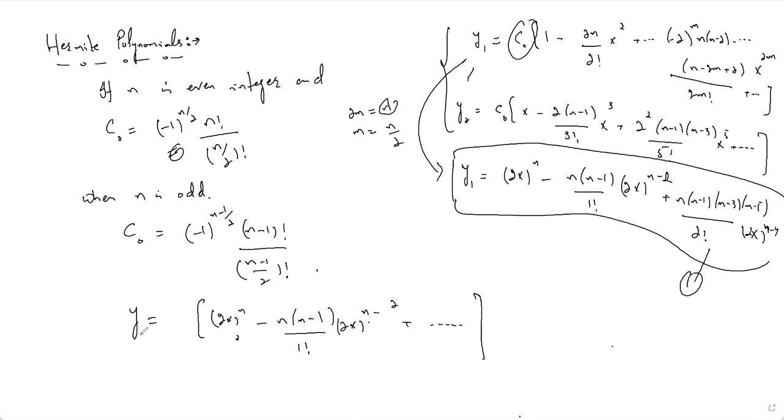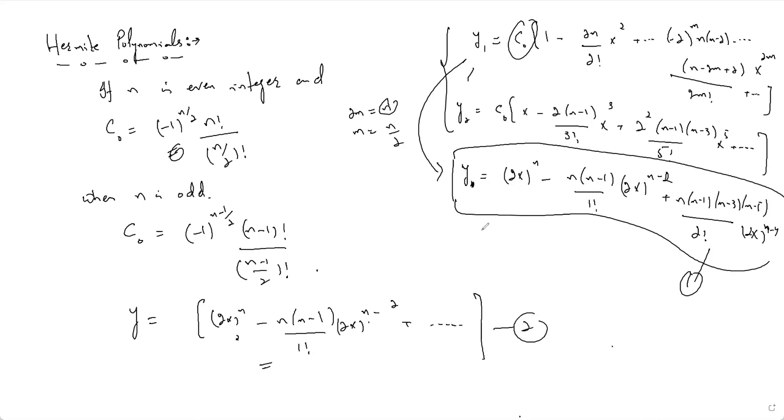This is y. You don't need to write it as y1; I will simply write this as y, the solution y. 2x raised to power n, then 2x raised to power n minus 2, these two terms. Name this as equation 2.